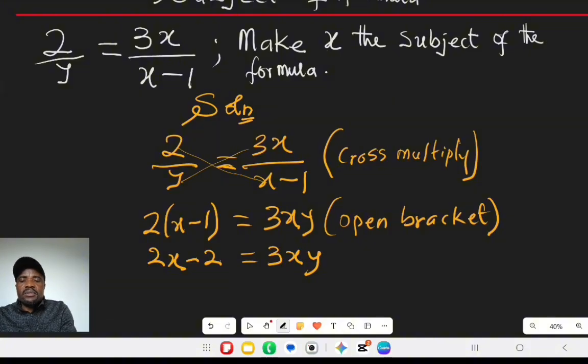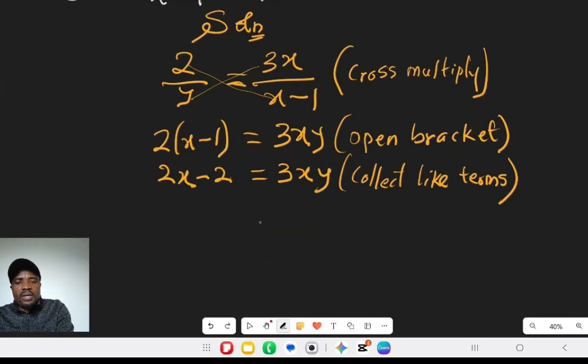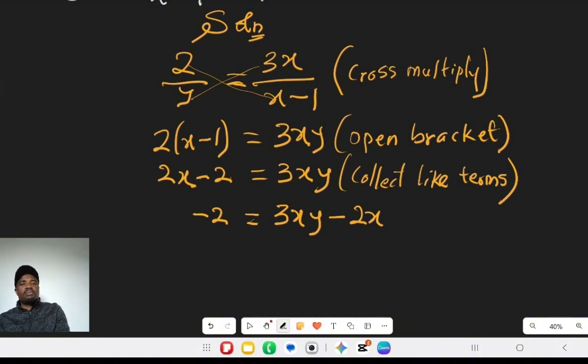The like terms is wherever we see x, we combine it with the one with x. Doing that, we have minus 2. This minus, we keep the minus 2 equal to 3xy minus 2x. When 2x crosses the sign of equality, it changes to minus.